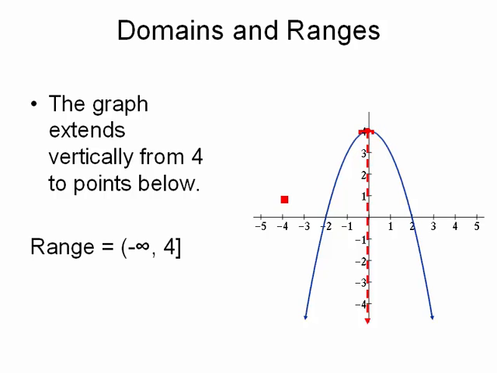So in interval notation, I'm going to write minus infinity to 4, because downwards it goes infinitely far, but going up it stops at 4 and it includes 4. Remember, brackets means that you include the point. Parentheses means you don't include the point. And certainly you can't include minus infinity because we don't even know where that is.